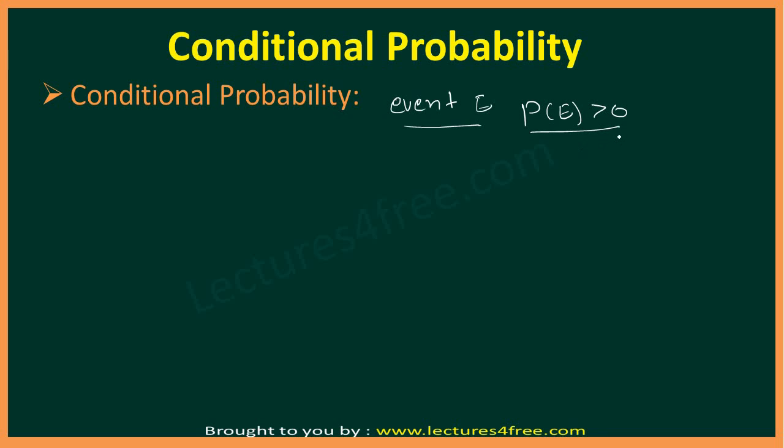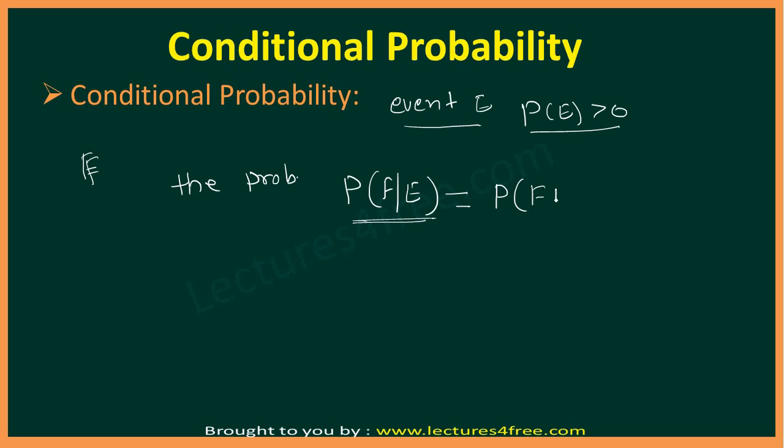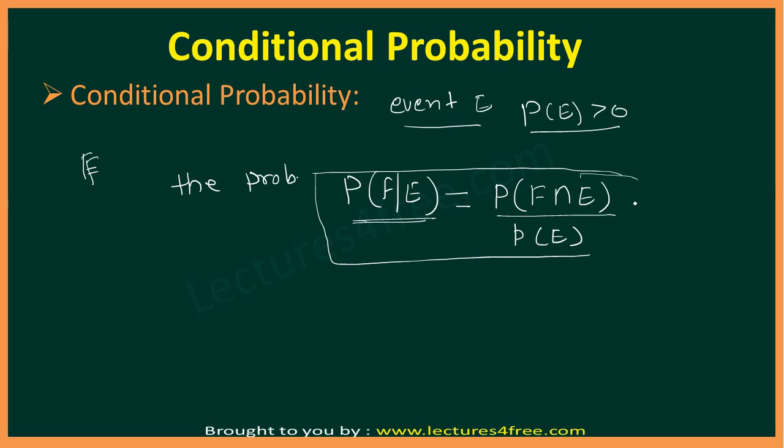Then let's suppose there is another event F. The probability of happening of F when E has already happened is known as the conditional probability of F, and it will be equal to the probability of F intersection E divided by the probability of E. This is the conditional probability of F when E has already happened.